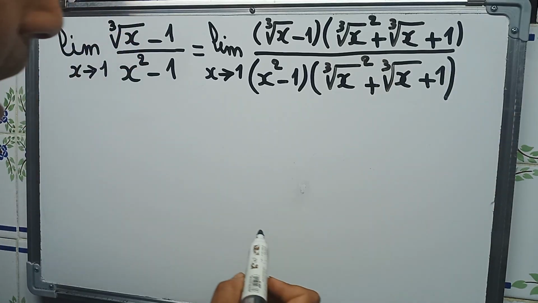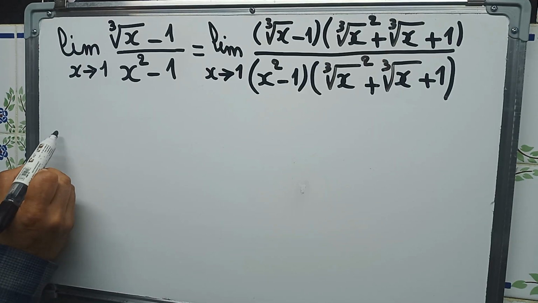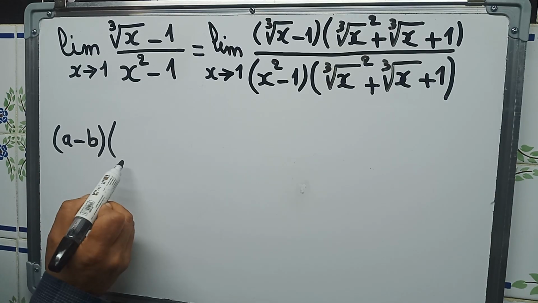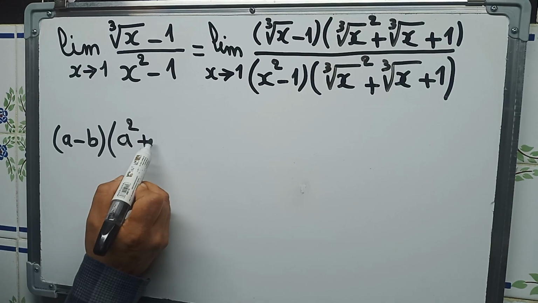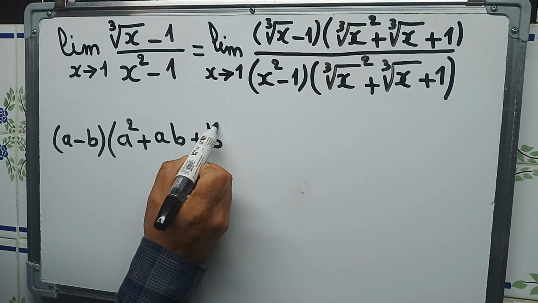And here we will use the special product: a minus b times (a squared plus ab plus b squared).